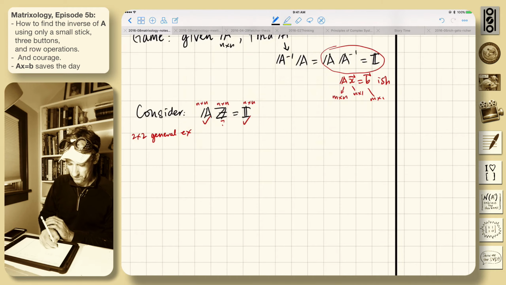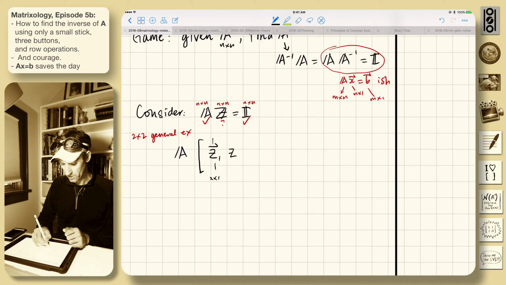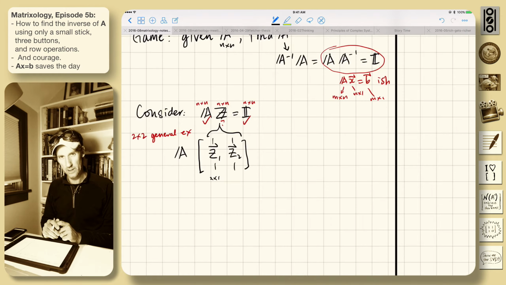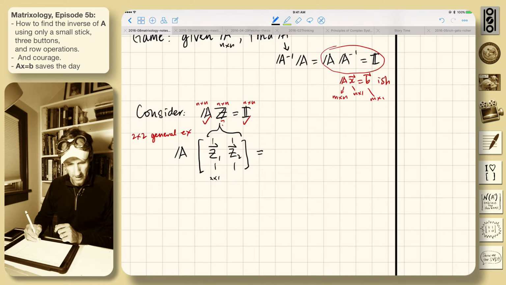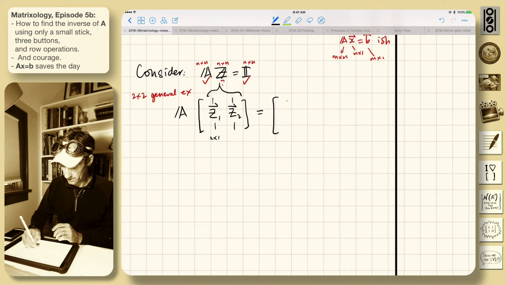We'll write it like this: A times Z, where Z is made of Z1, a 2 by 1 vector, the first column, and Z2, the second column. And this has to be equal to our identity, which is 1, 0, 0, 1.